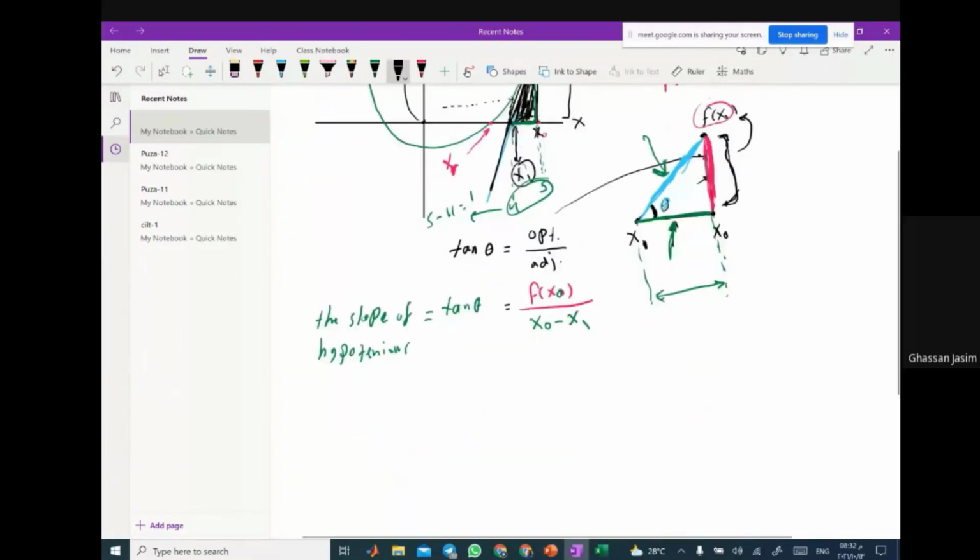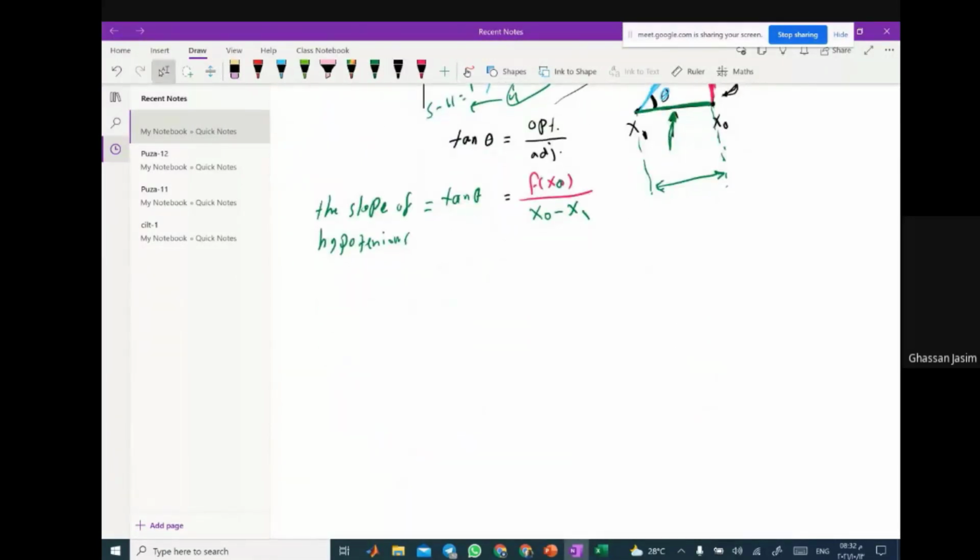We have a rule: f dash of x equals the slope of the tangent at any point.